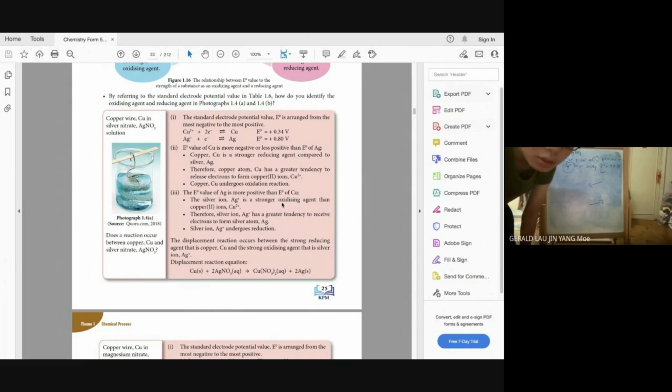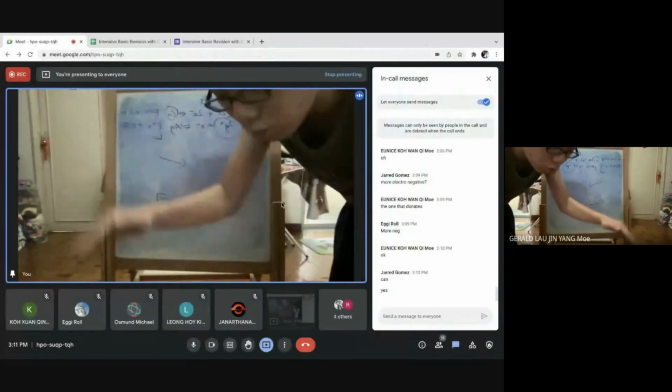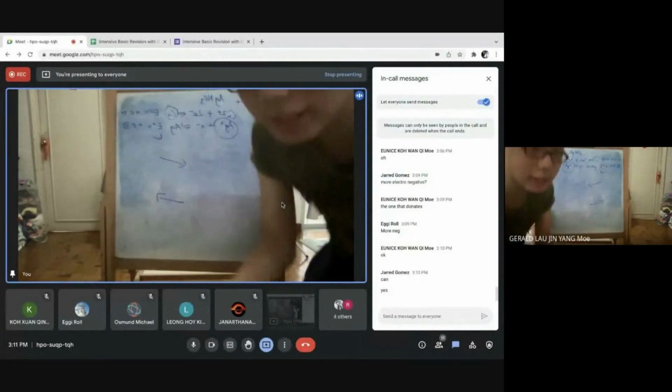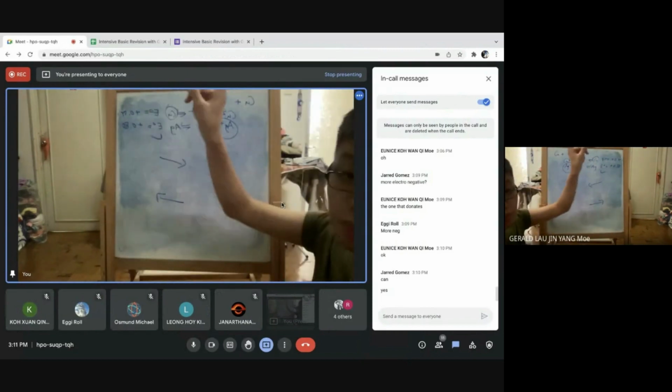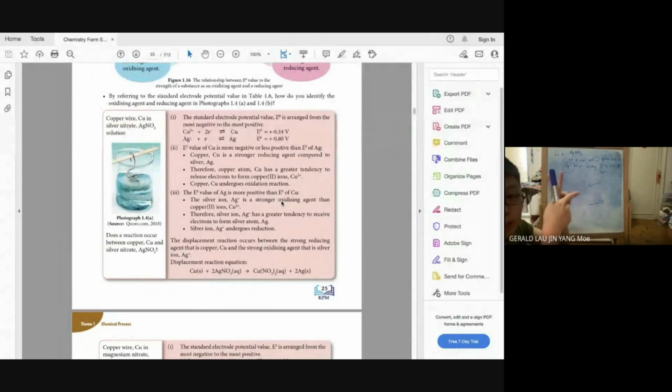Copper undergoes an oxidation reaction. This is the format, you must follow it to get all the marks. First, compare the E0 value of copper. Second, stronger or weaker reducing agent. Third, what the atom does, the greater tendency to release electrons. Fourth, what reaction: oxidation reaction. That's 4 points for copper.